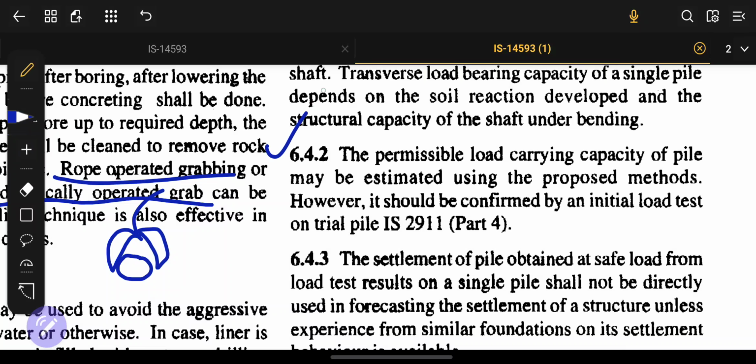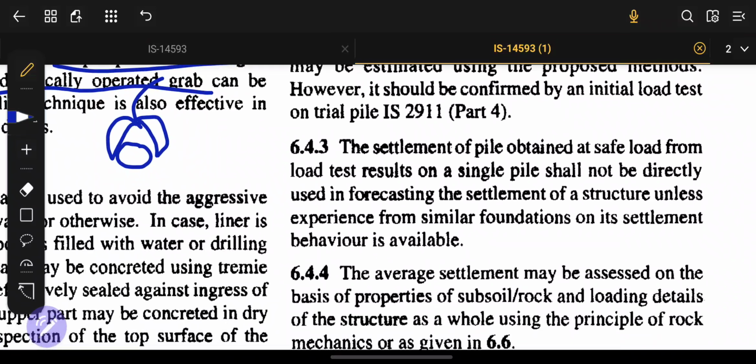Now let's move ahead. The settlement of the pile obtained at the safe load from the load test results on a single pile shall not be directly used in forecasting the settlement of a structure unless experience from similar foundations on its settlement behavior is available.